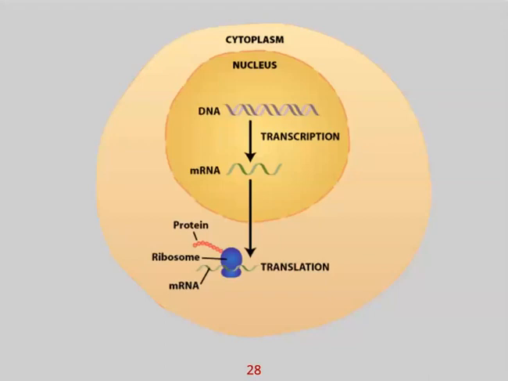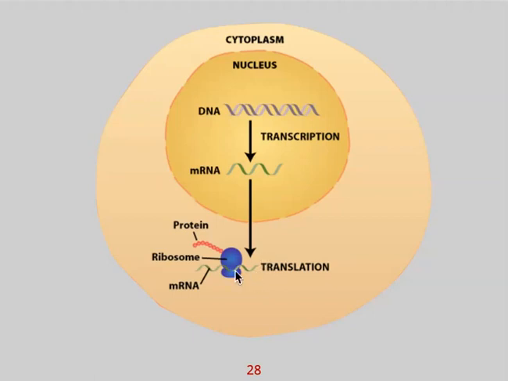Now, let's take a look at where transcription and translation occur. You can see here that transcription, encoding that DNA sequence into mRNA, occurs inside the nucleus. After the mRNA is made, it undergoes some processing and modifications, and then it's exported out of the nucleus into the cytoplasm.